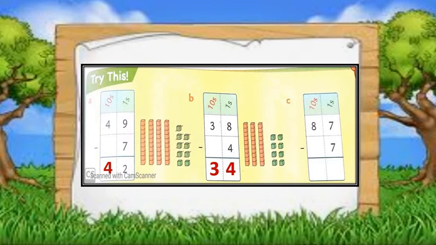When we subtract the number with the number itself, we get 0. So 7 minus 7, we get 0. 8 minus 0, we get 8. 87 minus 7, 80.